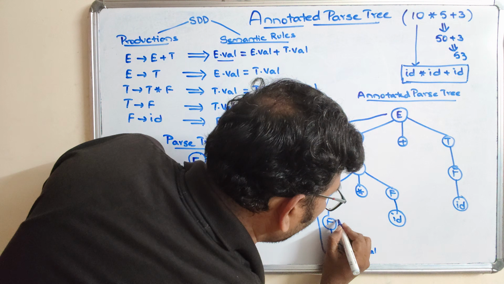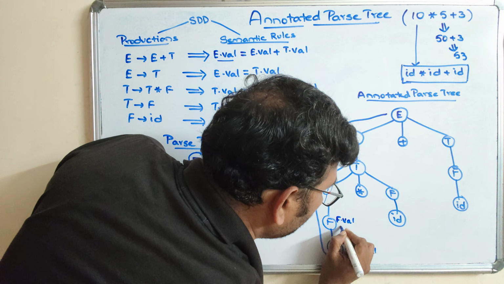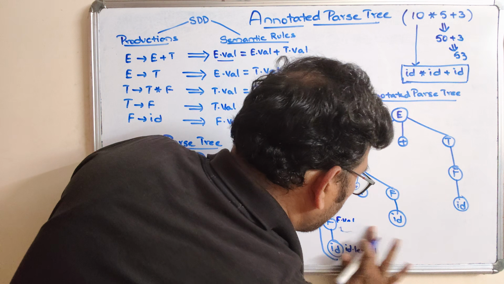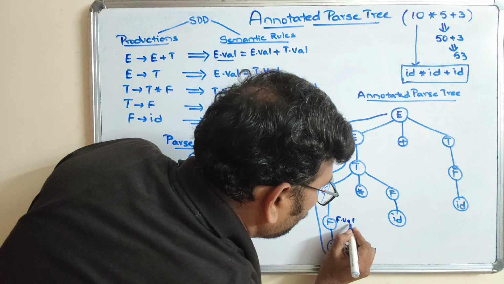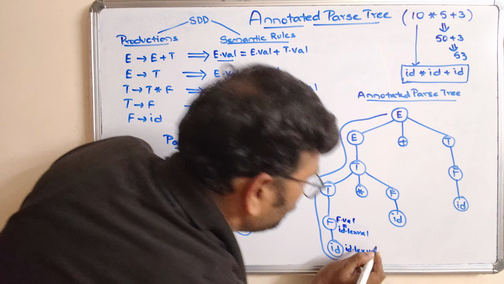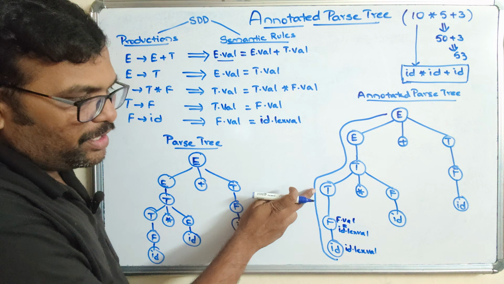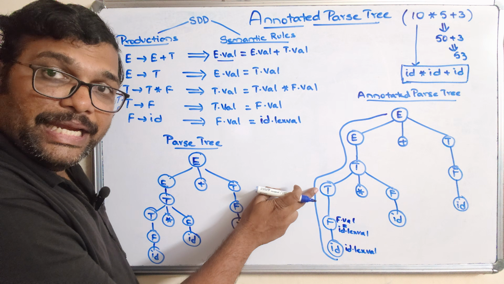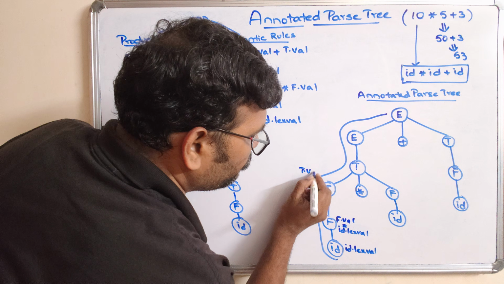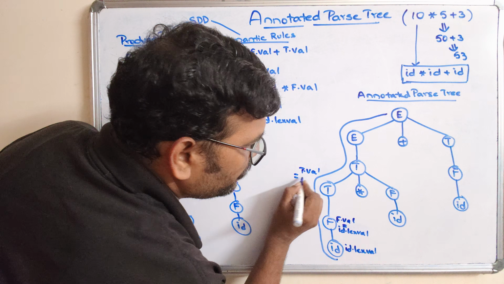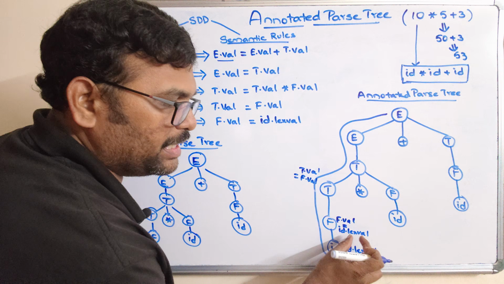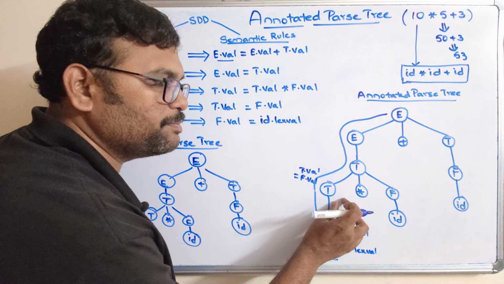So here F dot val is equal to id dot lexval. And you can observe this particular T, the value of T depends upon its child F. So here it will be T dot val is equal to F dot val. So what happens? This value will be occupied in this position and this value will be occupied in this position.